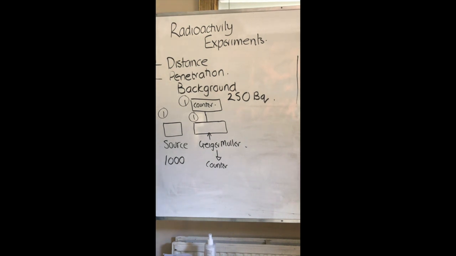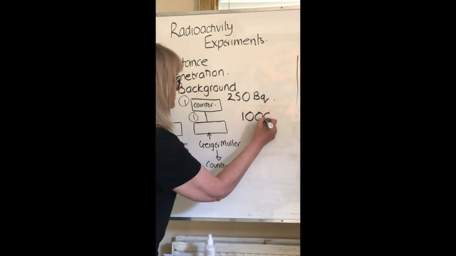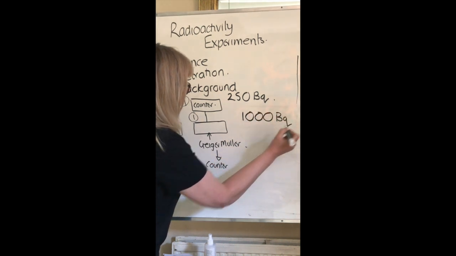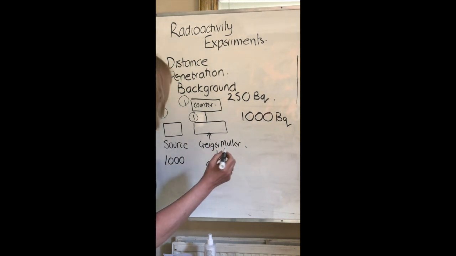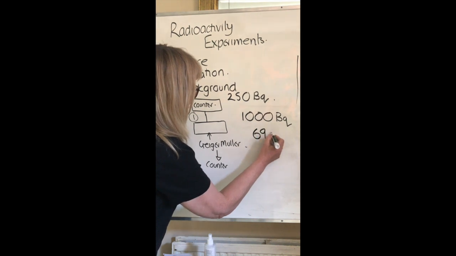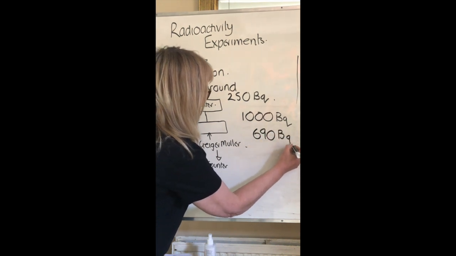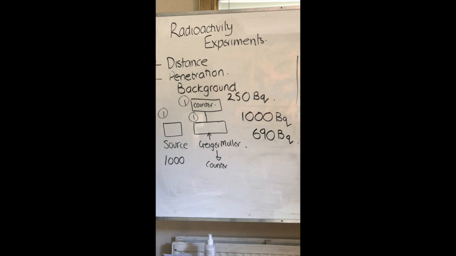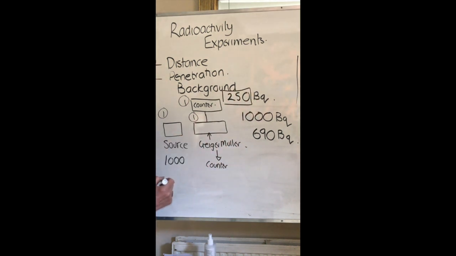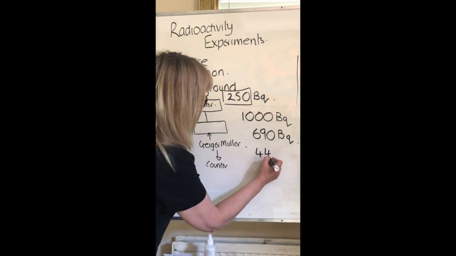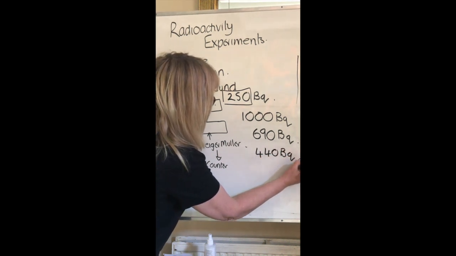So for example, if you started off with 1,000 becquerels at your source, and a few millimetres away you moved to 690 becquerels, you could say there that 440 becquerels, because we've got to remember to take off the background radiation, we can say 440 becquerels of that was alpha.